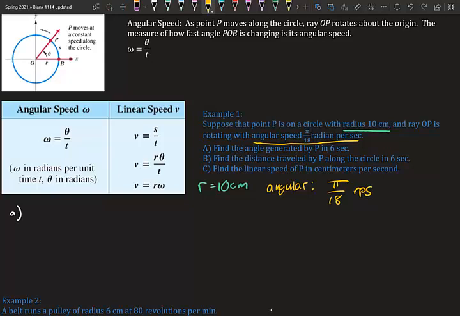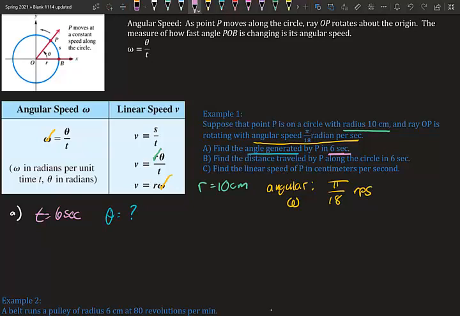So we're given angular speed, which is omega, and we're given the radius. In part A, we want to find the angle generated by P in 6 seconds. So we're given 6 seconds for time, and we want to find the angle generated. Angle means theta. We don't know it.